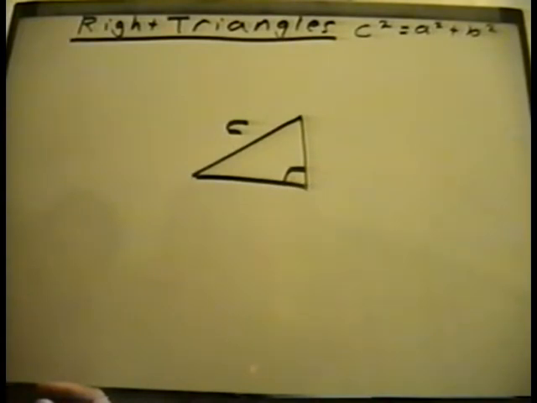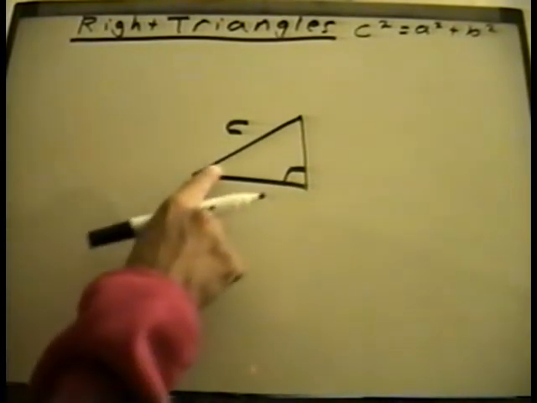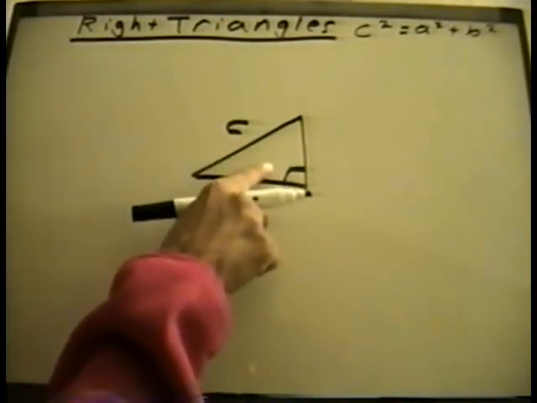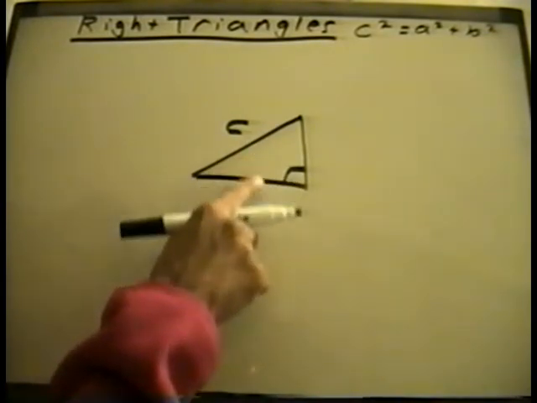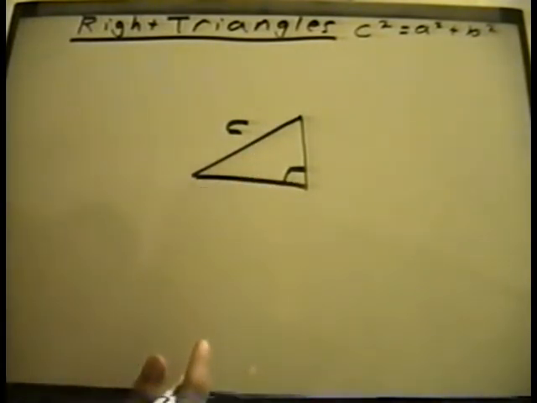Now remember the hypotenuse is always the longest side, it's always the side that opens up to the 90-degree angle. Okay.